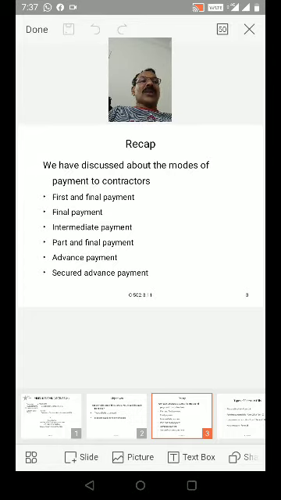That is first and final payment. A single form may be used generally for making first and final payment to several works or suppliers.